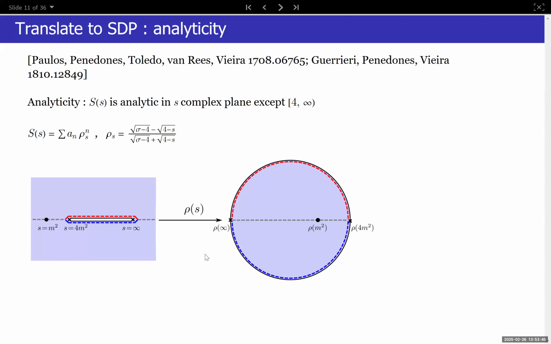In my code, I actually also try to implement other branch cuts, not just starting from 4, but for example starting from a higher value. That can correspond, for example, to K-K production. But still, this is not the most generic one.